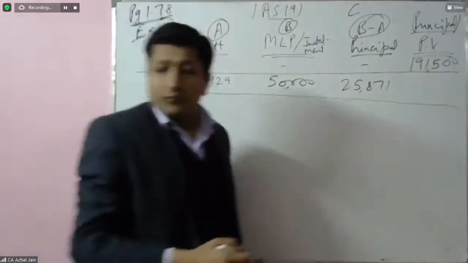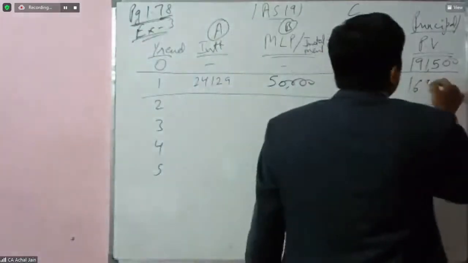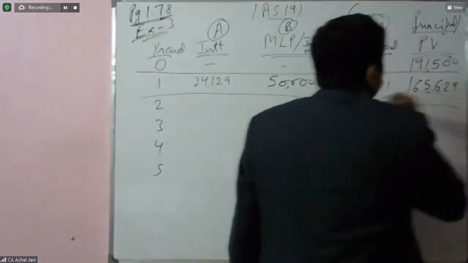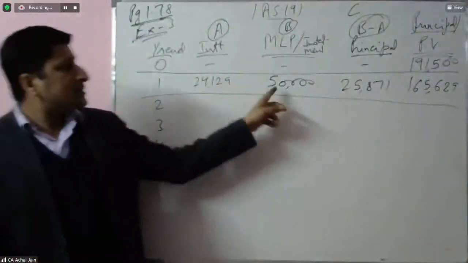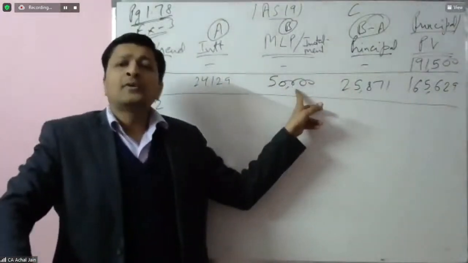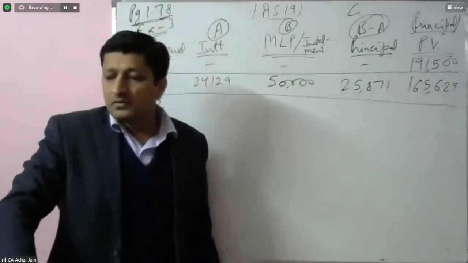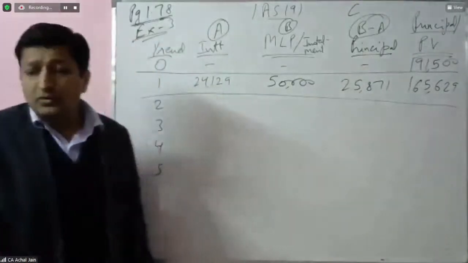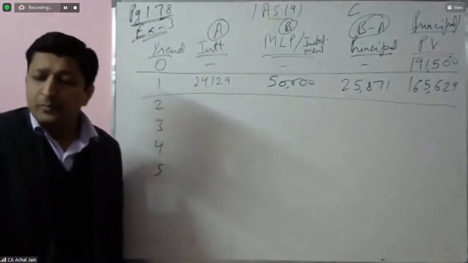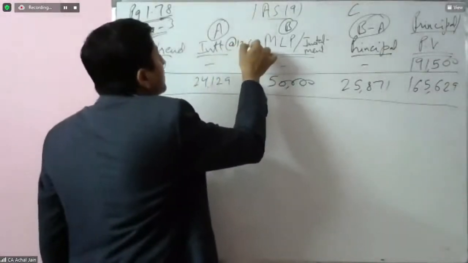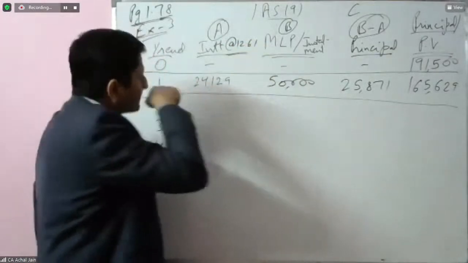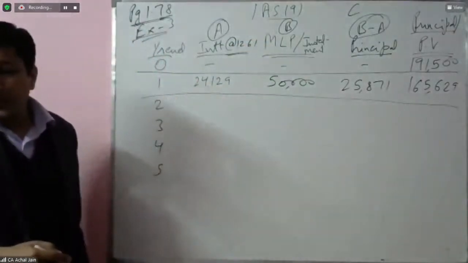So what do we get? 1,65,629. So the previous closing balance added with interest, reduced by the amount of interest as well as principal, gives this balance. On this, once again we will compute the interest at the rate of 12.6% only.